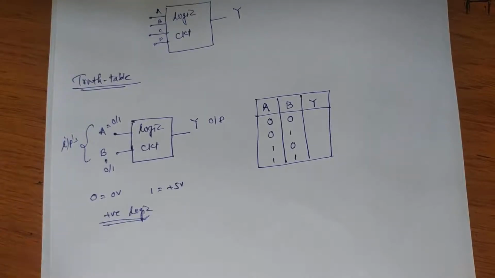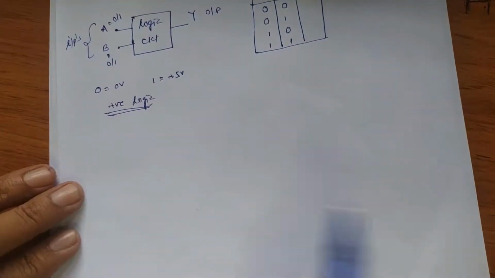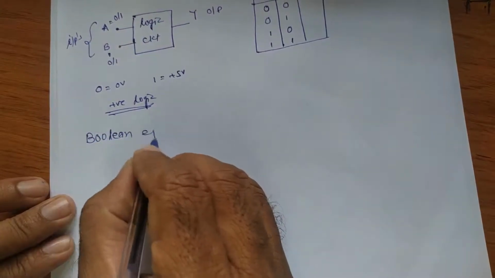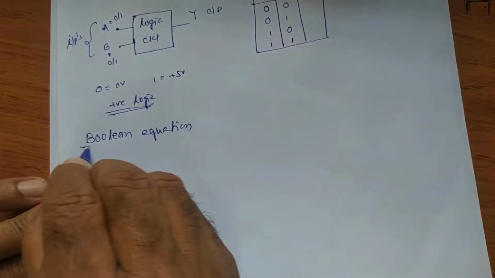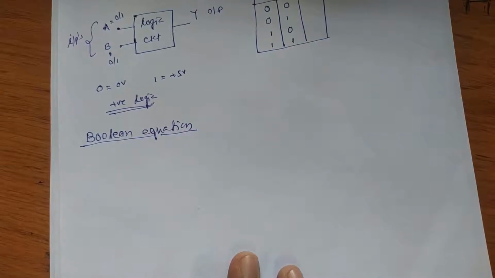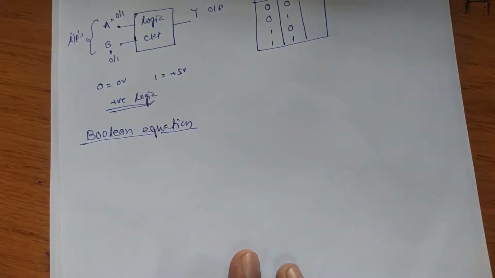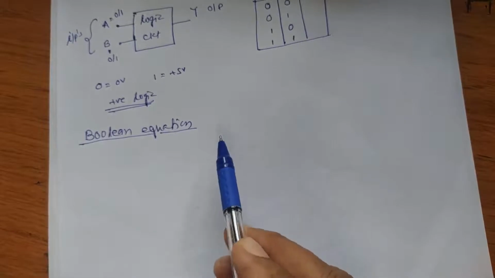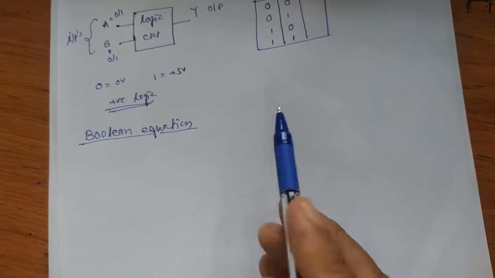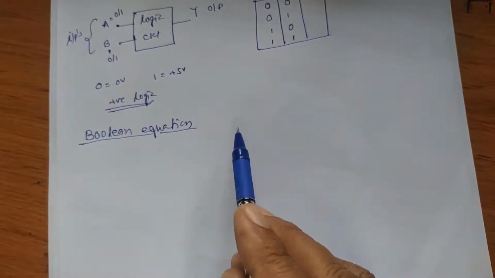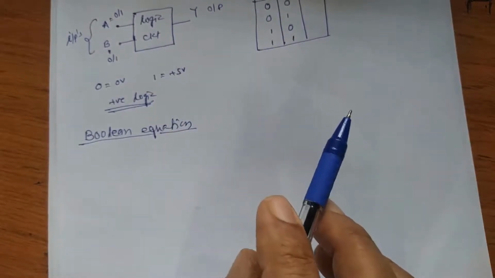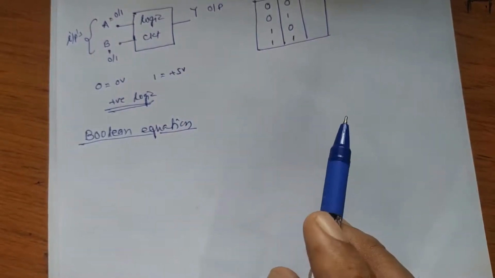Now we see the Boolean equation. It is a mathematical equation representing a particular gate's inputs and outputs.